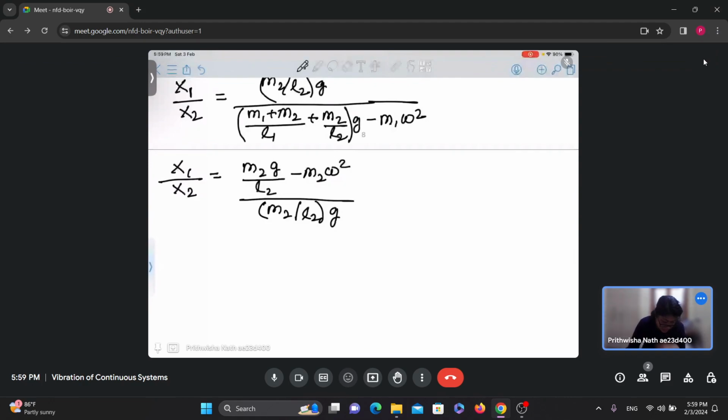So if we equate these two equations, we get the frequency, that is the value for omega.